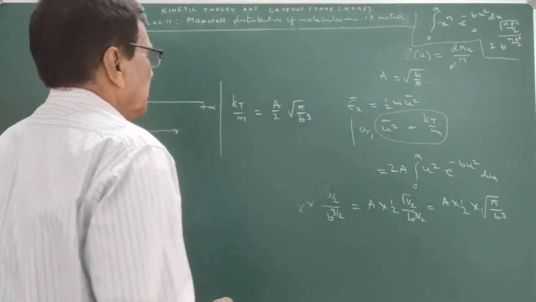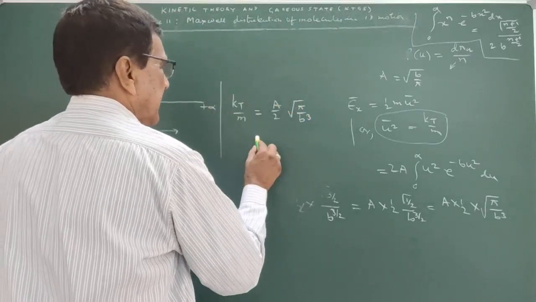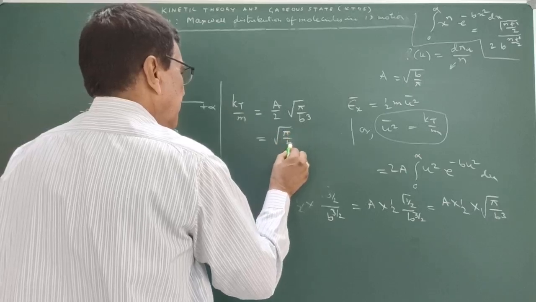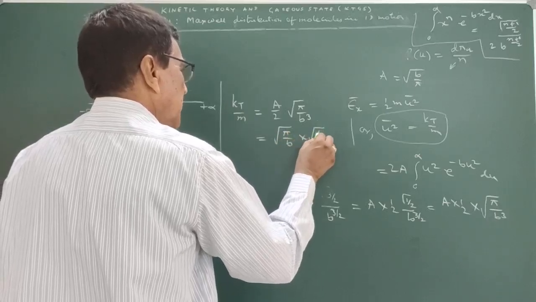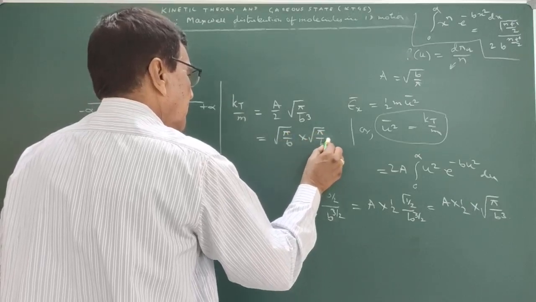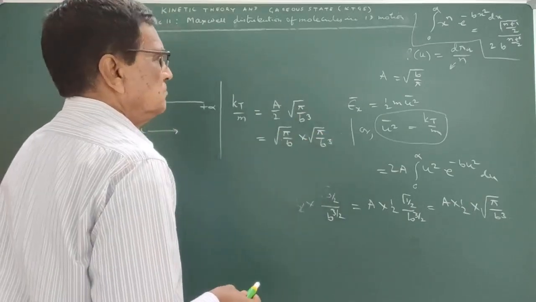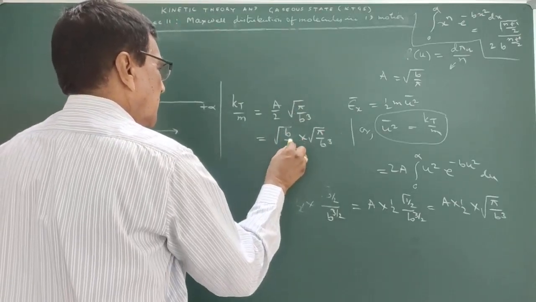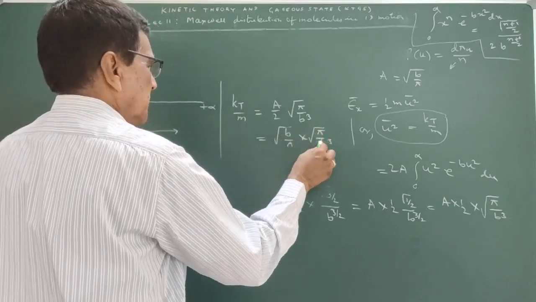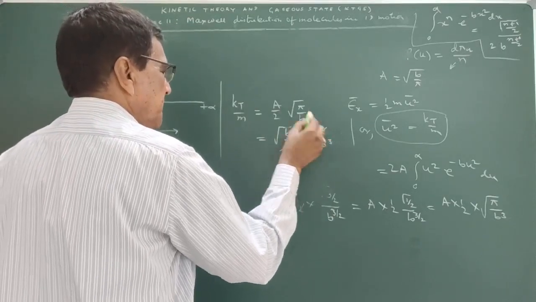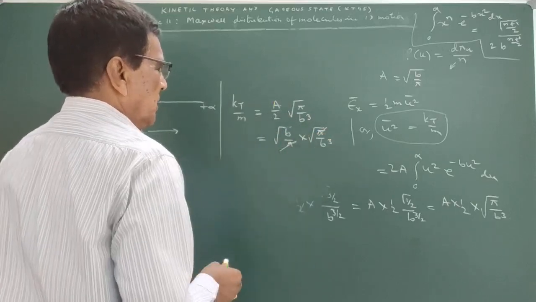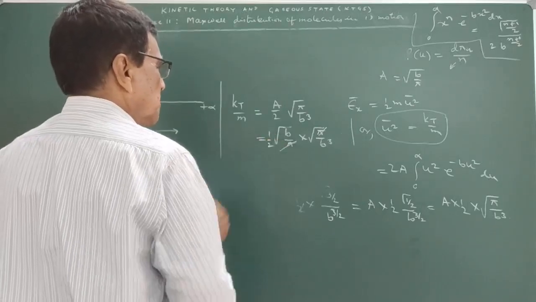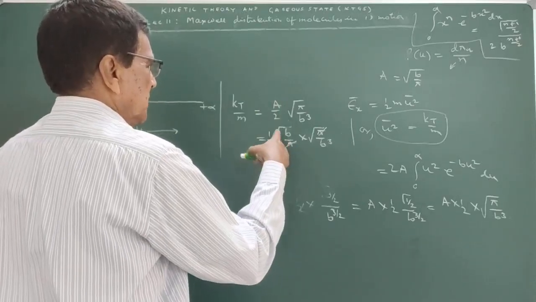Then if we put the value of A equal to root over of b by pi into root over of pi by b cube, the root pi cancels, and b square and root over of 1 by b square. So it is also 1 by 2, the A value and this one, half.